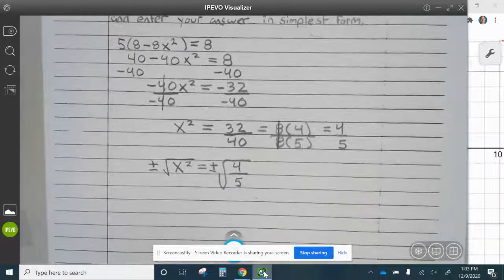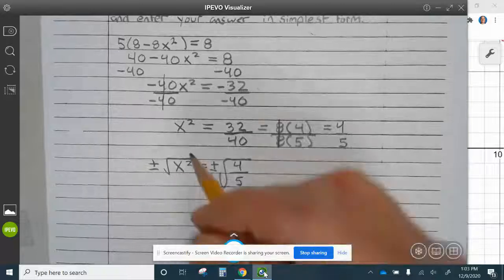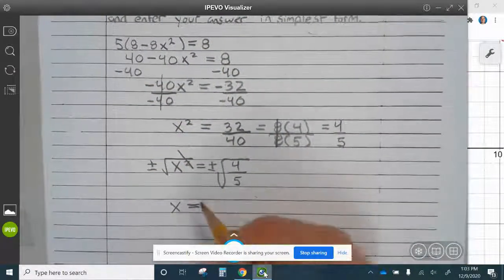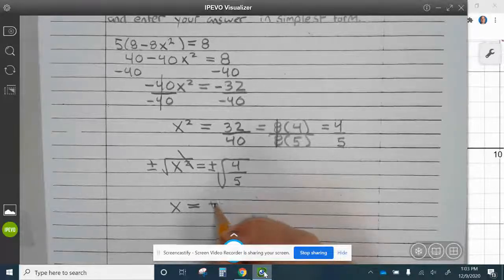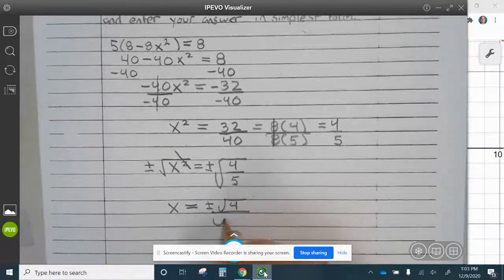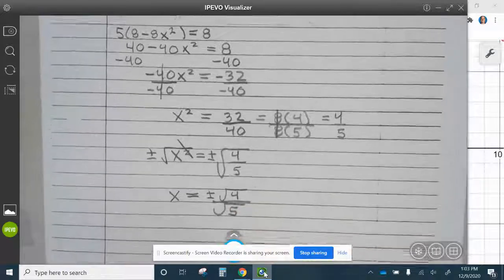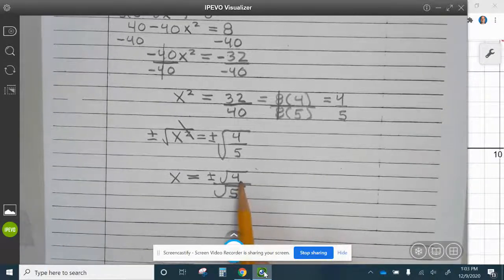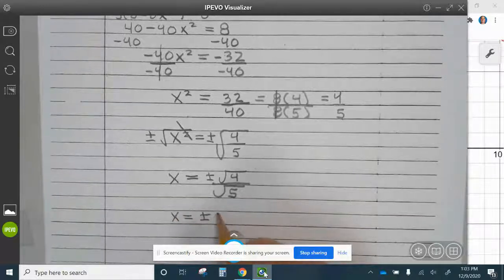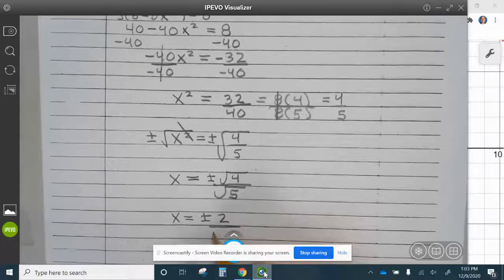Okay, so then x equals plus or minus the square root of 4 divided by the square root of 5. Okay, now the square root of 4 is easy, that's 2. So x equals plus or minus 2 divided by the square root of 5.